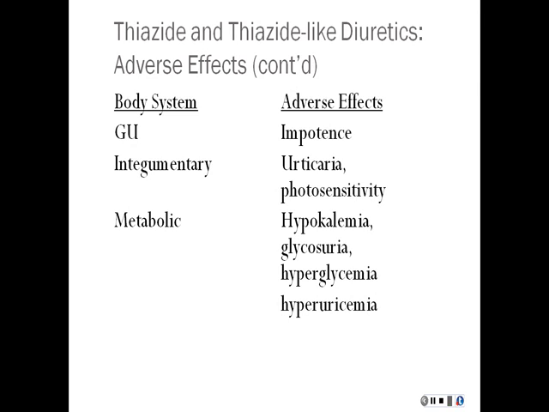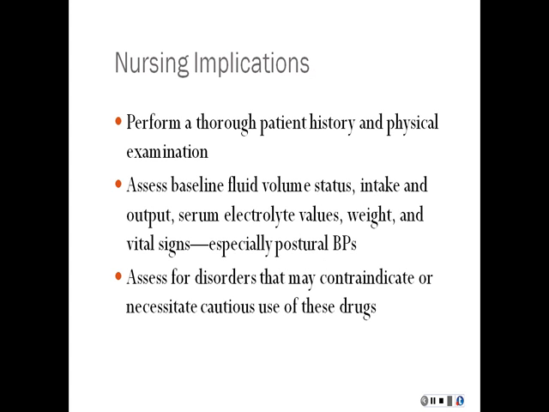So GU, as we talked about, decreased libido. There's also problems that could happen with impotence. With the skin or integumentary, urticaria, photosensitivity. Metabolic, which we talked about with electrolyte imbalances just a second ago, but hypokalemia, glycosuria, and hyperglycemia, those kinds of things can also happen.